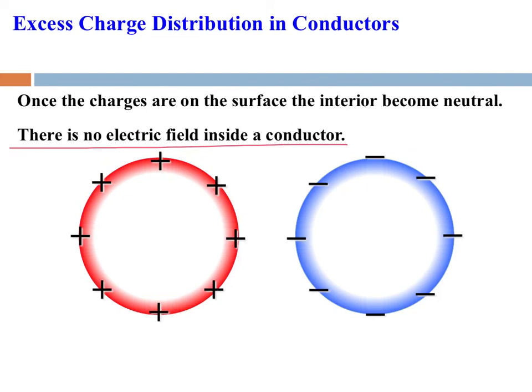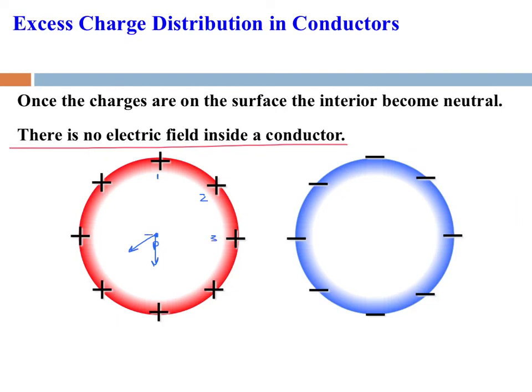A way to help you remember that is to think of what the electric field would be at point P. So from this charge, the top charge on the red circle, because it's a positive charge, the electric field lines go away from it. So at point P, from this charge 1, it'll be going out in this direction. For charge 2, it'll be going out in this direction.